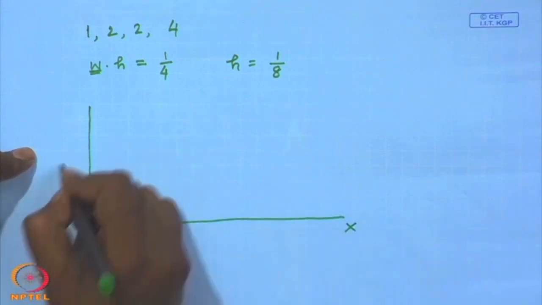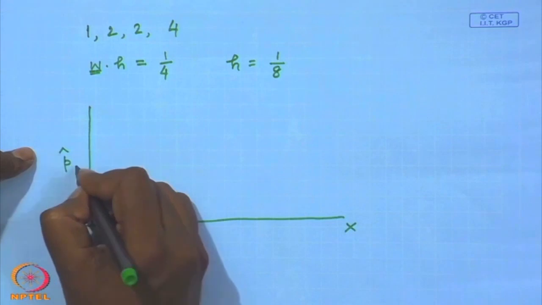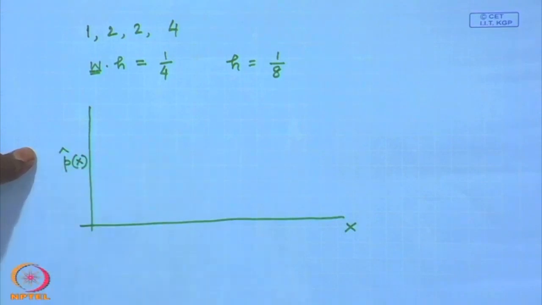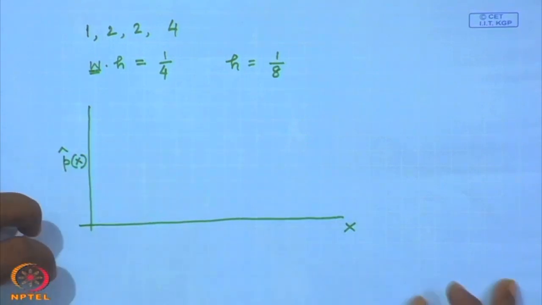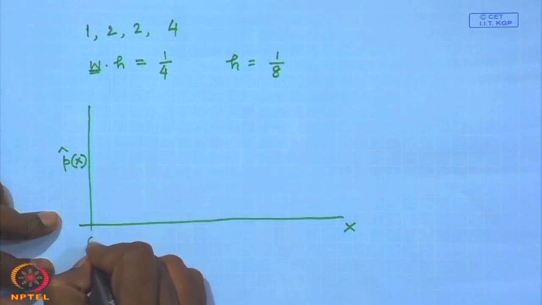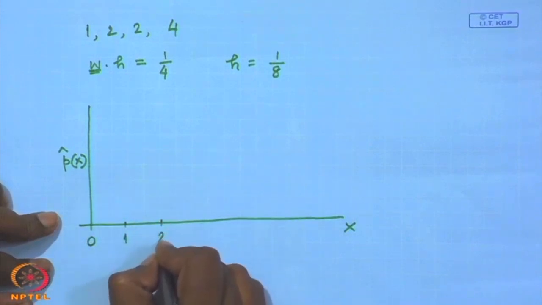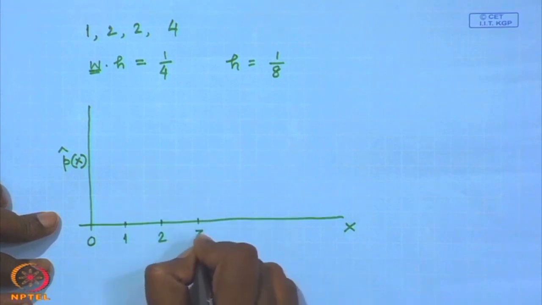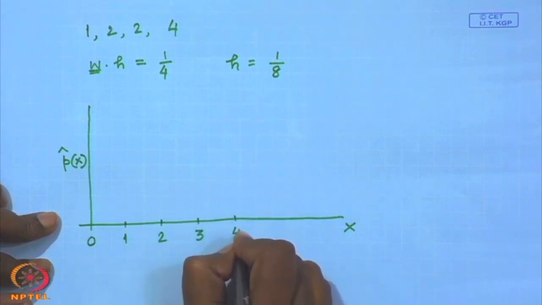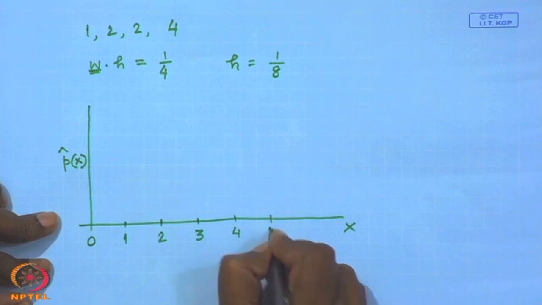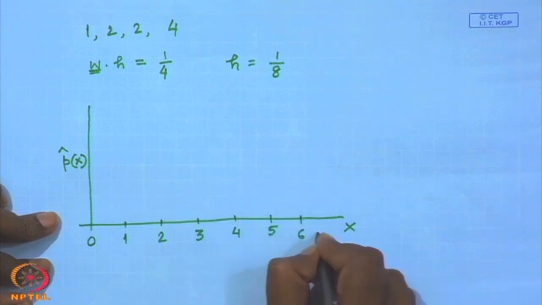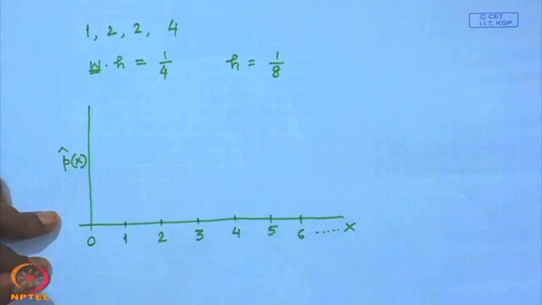I have x, I have the estimated probability density p hat of x. Okay. So, again let us put 0, 1, 2, 3, 4, 5, 6 and so on.